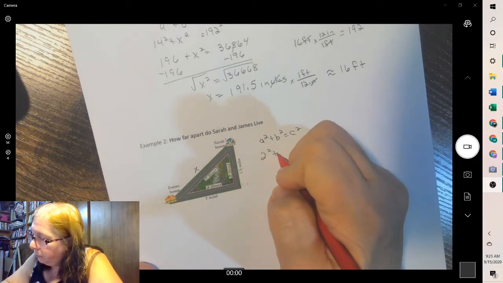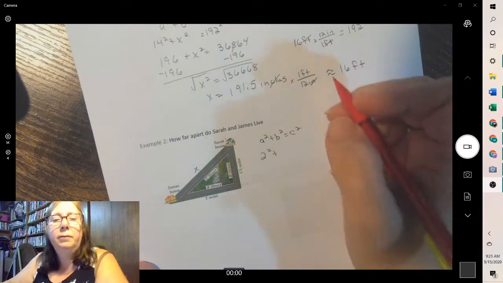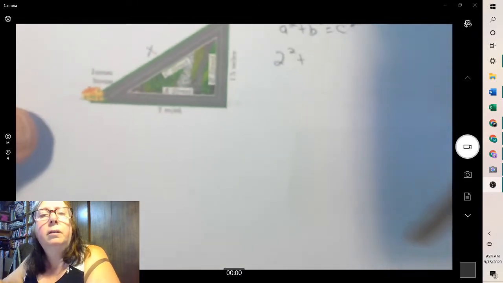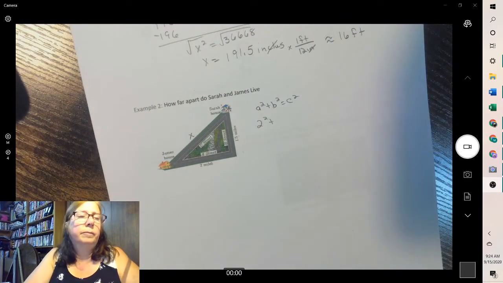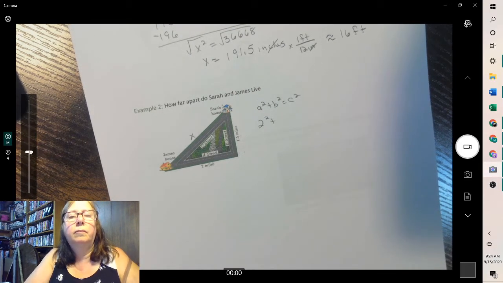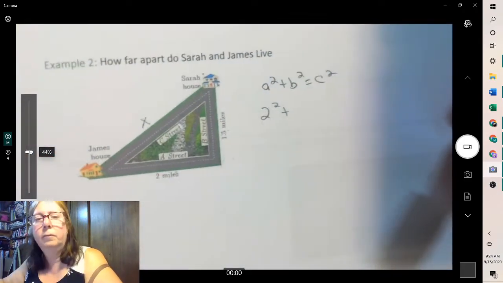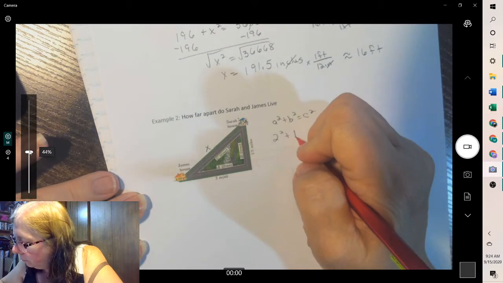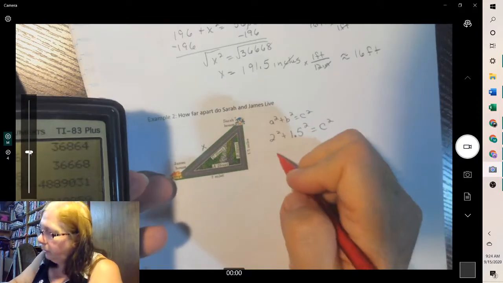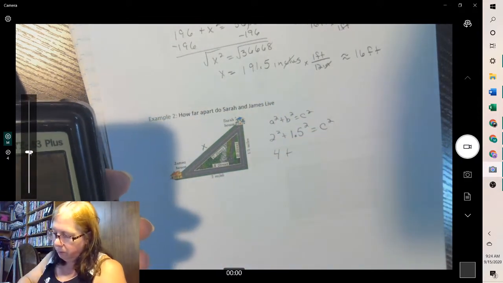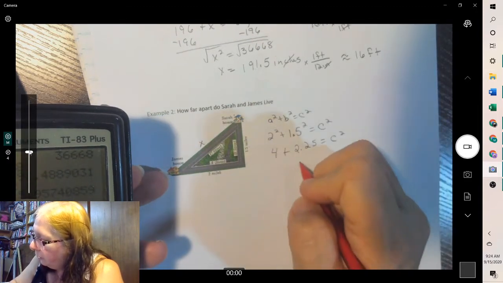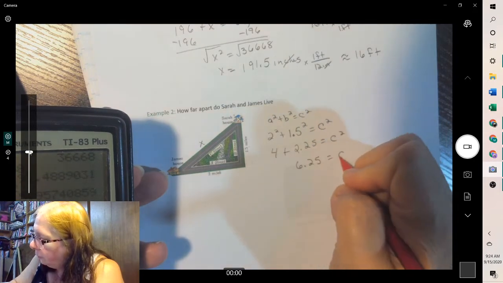So 2 squared plus 1.5 squared, I think that's what that is. 2 squared is 4. 2.25 equals c squared. 6 1/4 equals c squared.